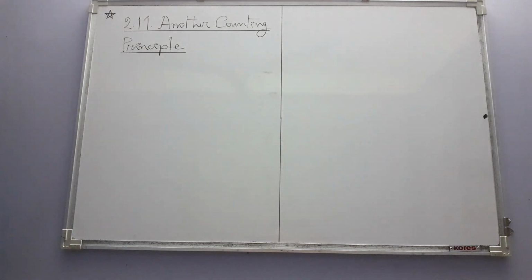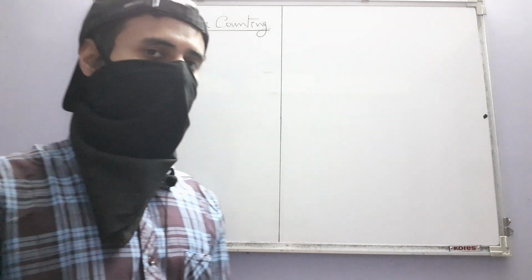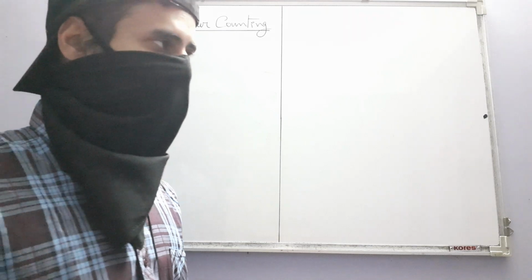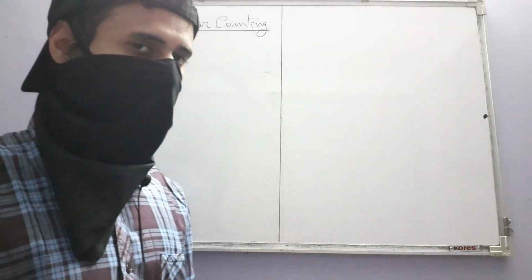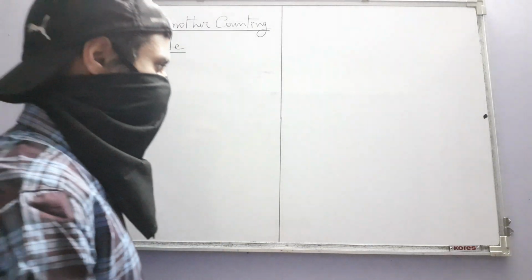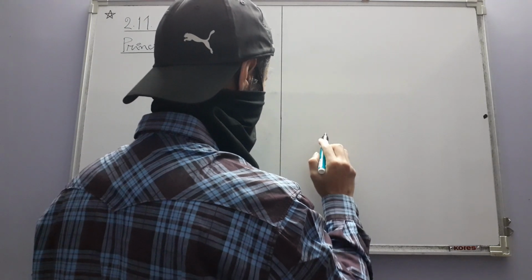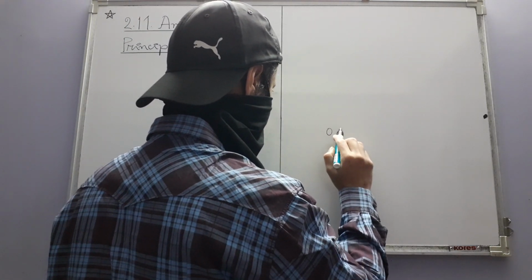Alright, so we are now going to start a new section titled Another Counting Principle. Another because we already have come across one counting principle in the 5th section, which enabled us to prove this formula.